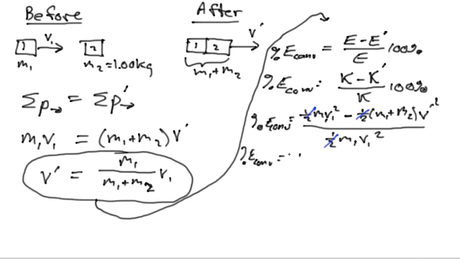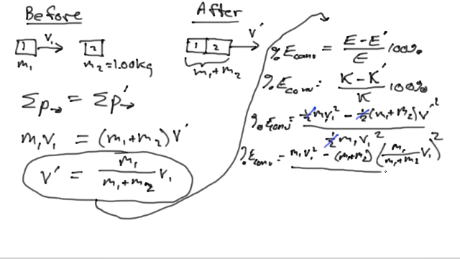So I'll do substitution here, pure substitution. So it's m1 v1 squared minus m1 plus m2 times this quantity squared, v1, and that's all squared, and then divided by m1 v1 squared.